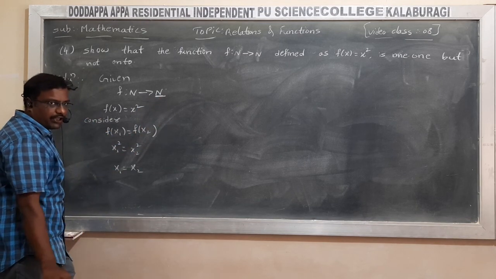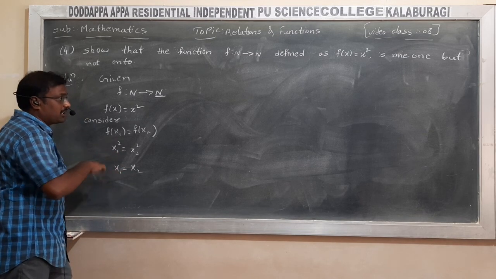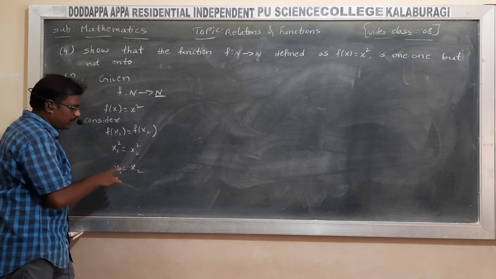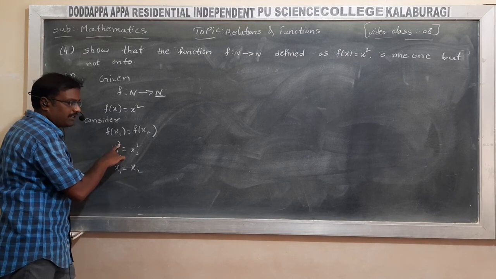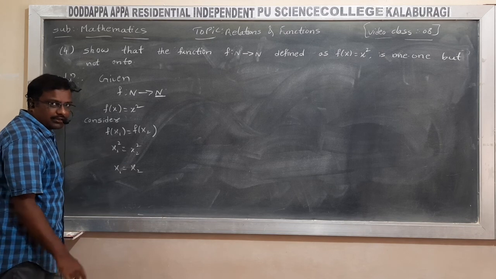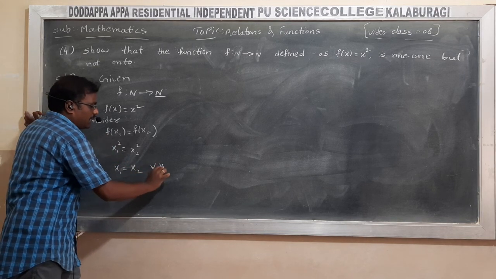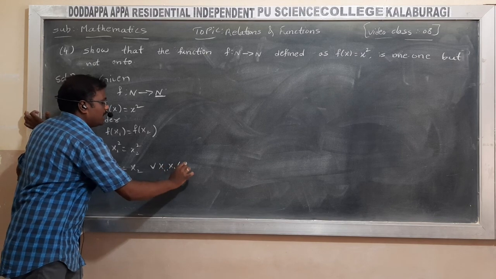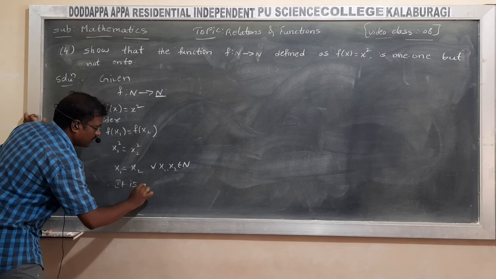Here there is no negative value, so that's why you take only positive. But in the previous problem both positive and negative are there. So that's why there you can take plus or minus, when square is there. Okay, for all x1, x2 belong to natural numbers, right?